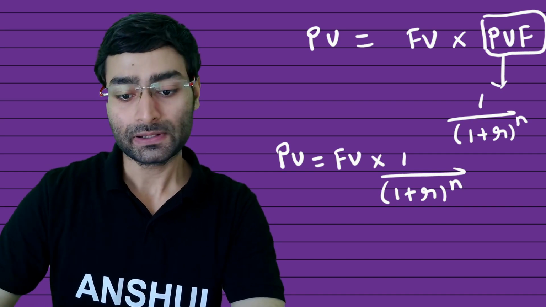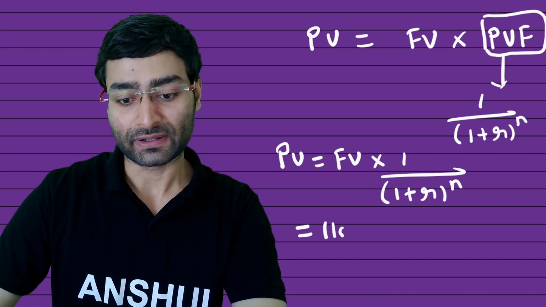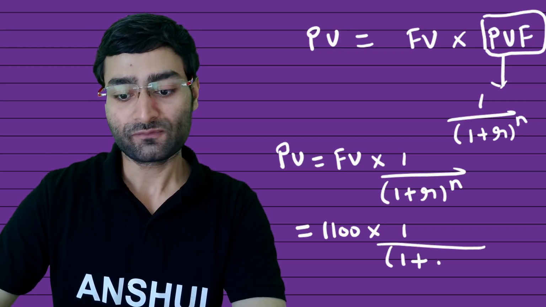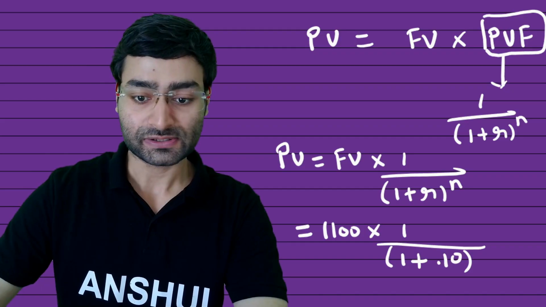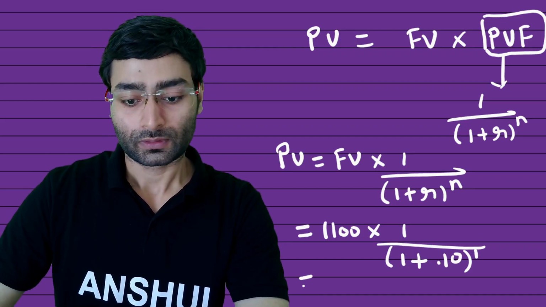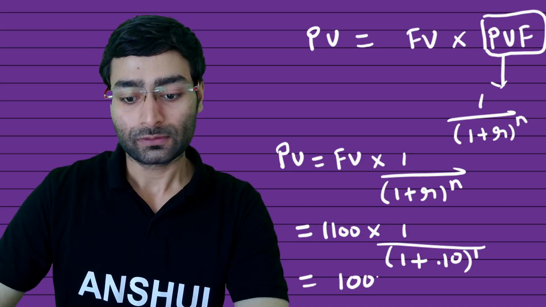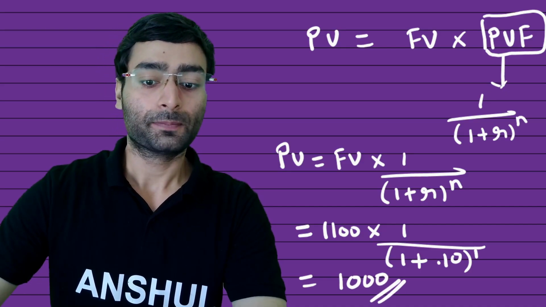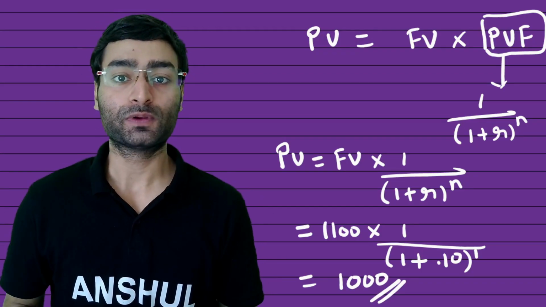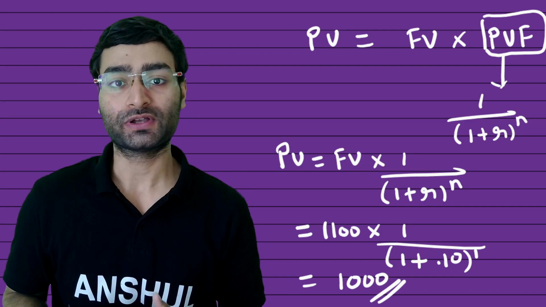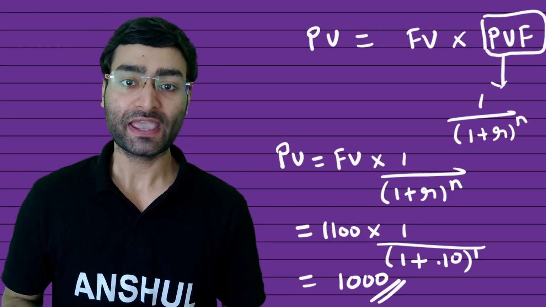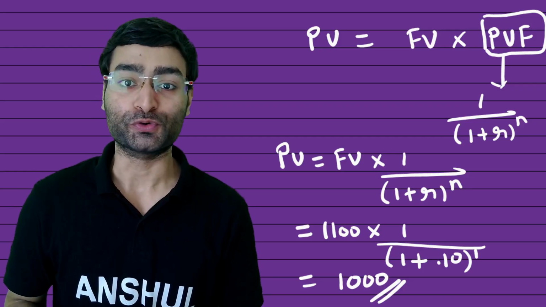In our example, the future value was 1100, r was 0.10, that is 10%, and n was 1. So to the power 1. If you calculate this on a calculator, you will get 1000 rupees as your present value. Is that okay? So in this way, we calculate the present value and the future values under time value of money. And now we very well know that today's 1 rupee is not equal to future 1 rupee.